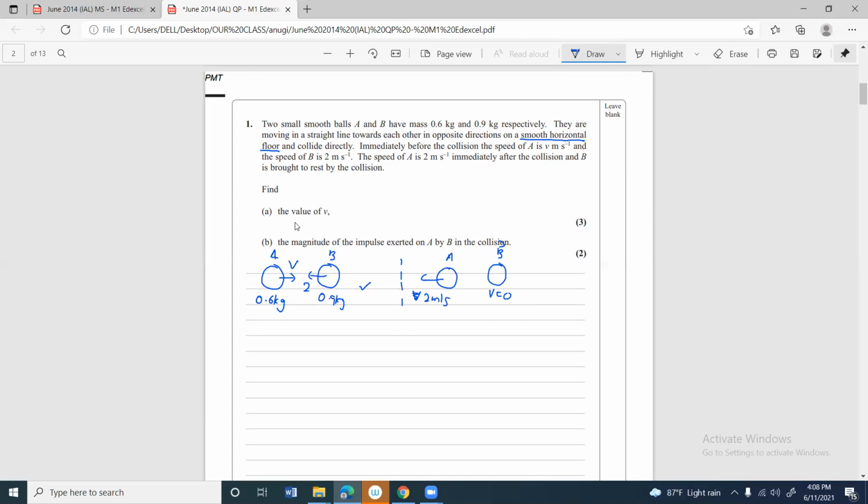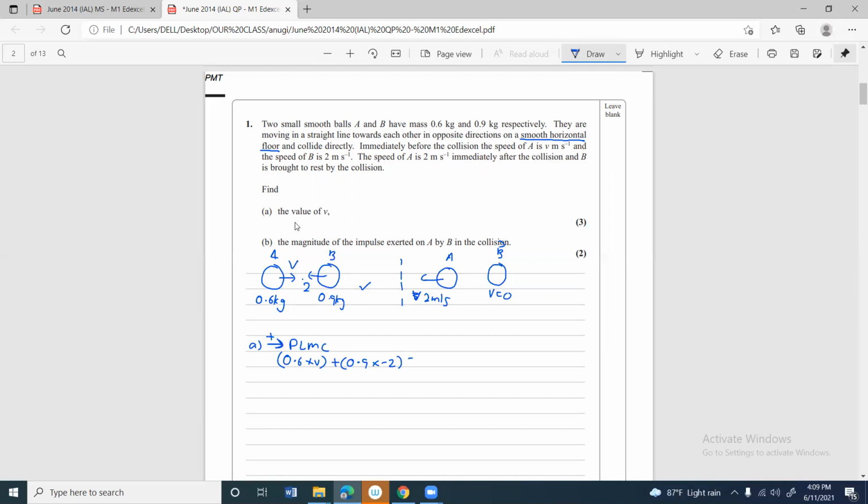Find the value of V and the magnitude of the impulse. Initially, we can apply the principle of linear momentum conservation. Before the collision is 0.6 times V plus 0.9 times minus 2, because it is the other way around and we consider this direction as positive.